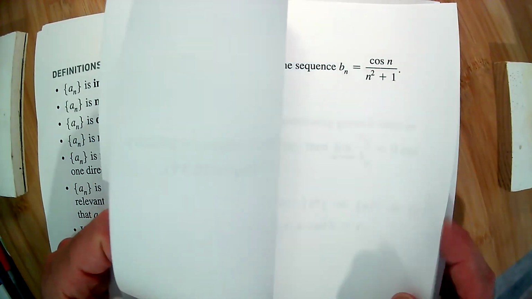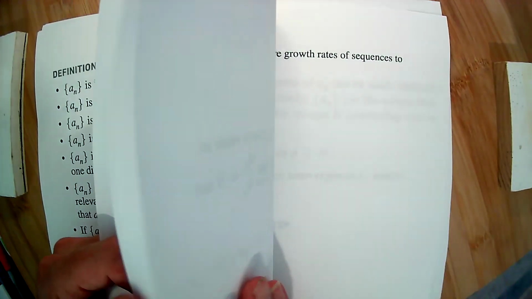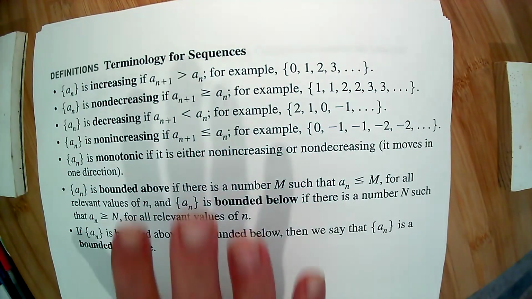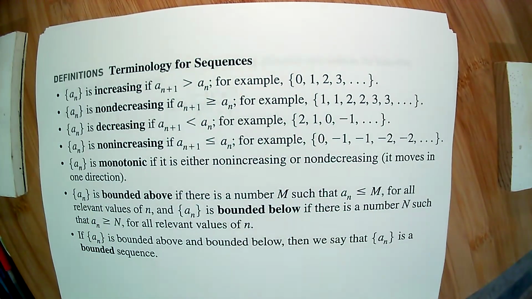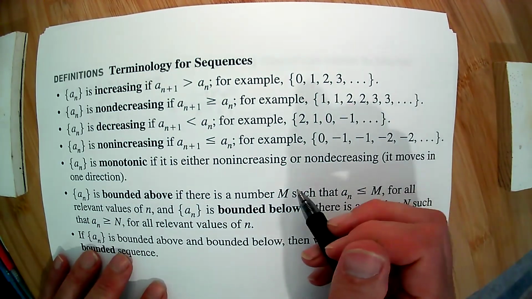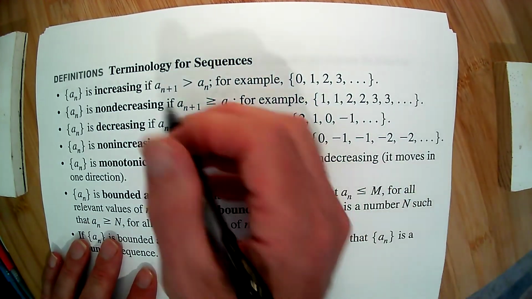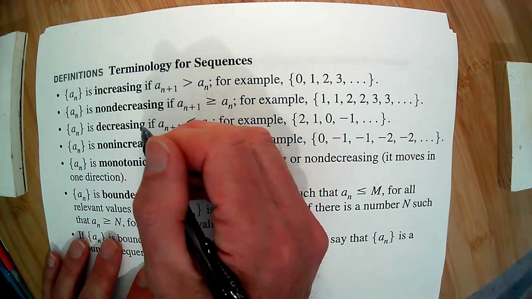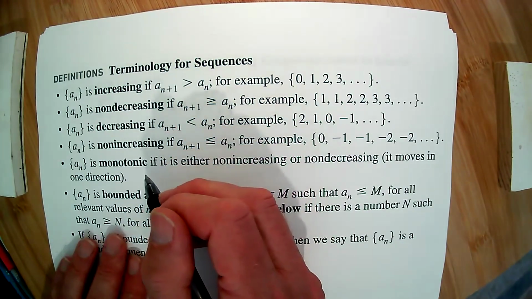Let me see here. I'm just going to say a little bit about terminology because these do end up being important. Increasing, non-decreasing, decreasing, non-increasing, monotonic.